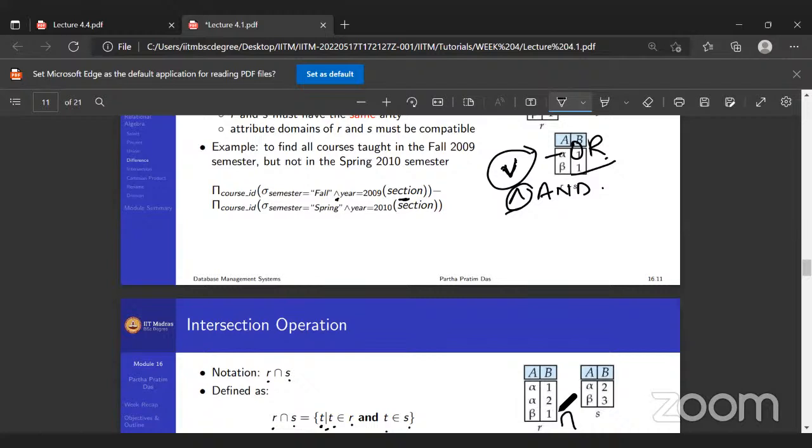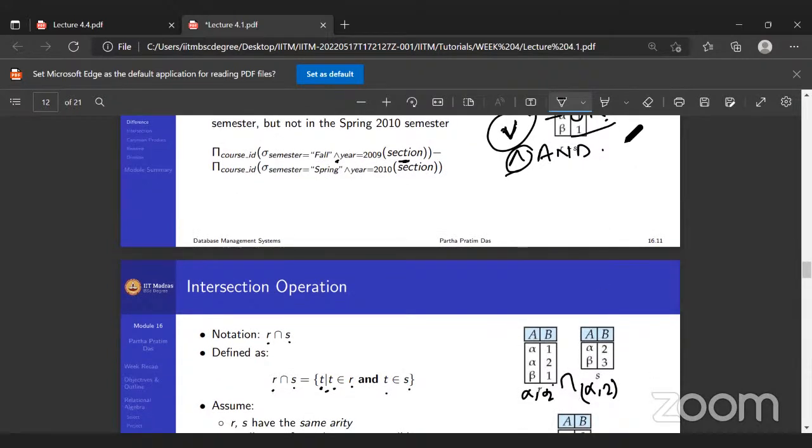If there is one more attribute alpha 2 and alpha 2, then what will be the output?